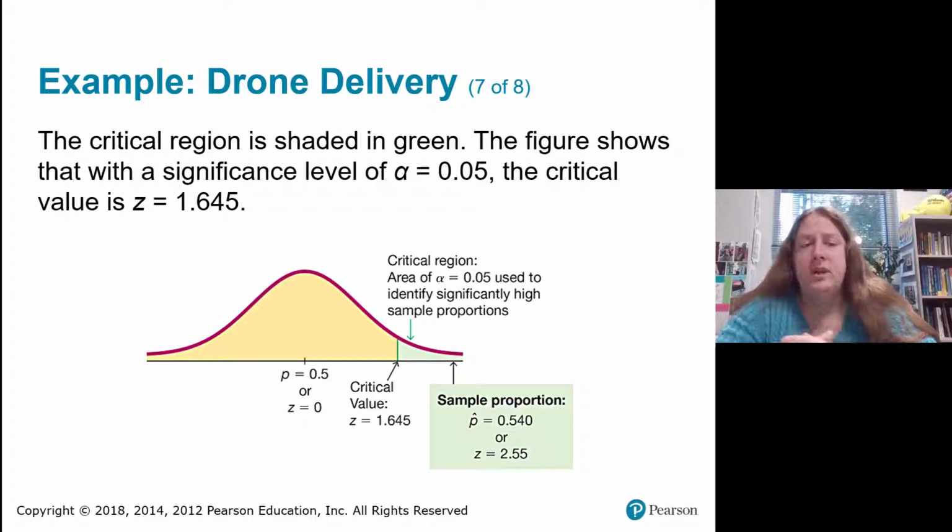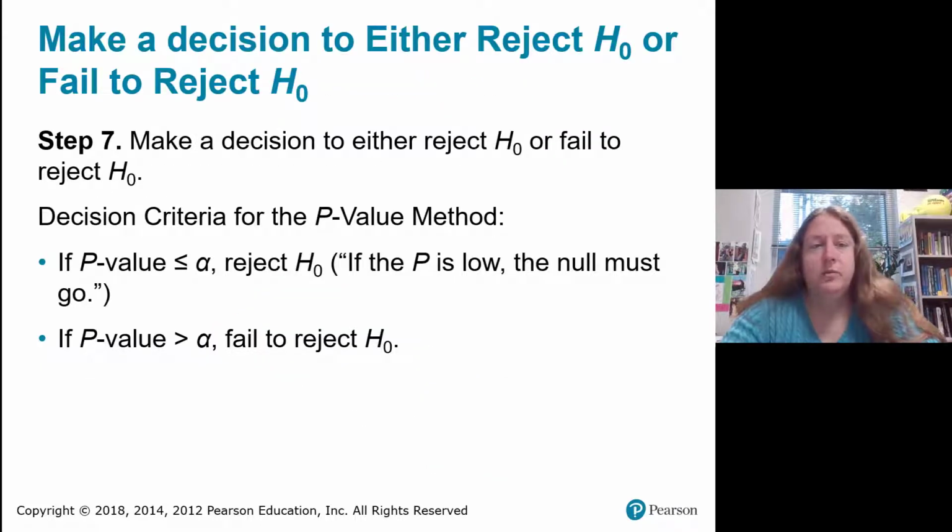If we have a significance level of 0.05, then we're looking for an area of 0.05 to the right. We find that, and the critical value is going to be z equals 1.645. So that's the critical value we need.